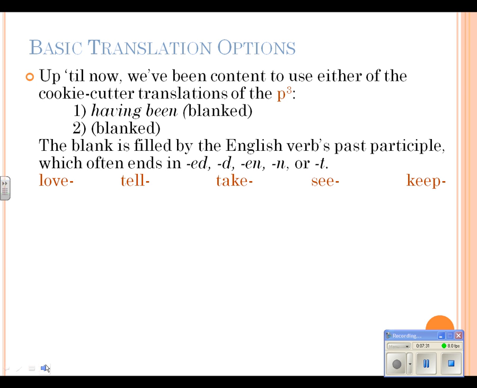And if you guys want to, you can tell me what the past participle of love is. Loved. What about tell? Told. What about take? Taken. What about see? Seen. What about keep? Okay. What about drink? Drunk.